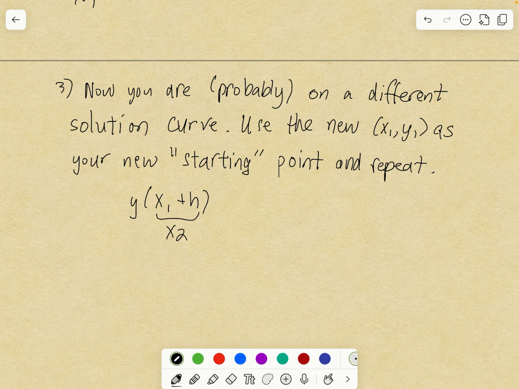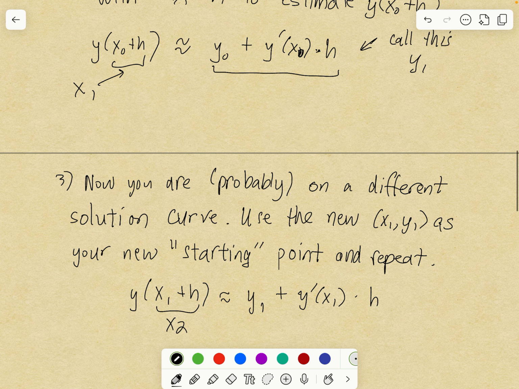Okay, and then what you get when you plug in x1 plus h is approximately your original y value, which is y1 now, plus y prime of x1 times h.